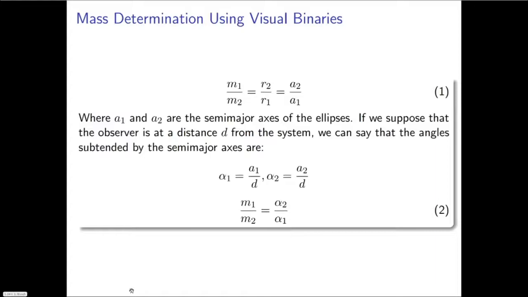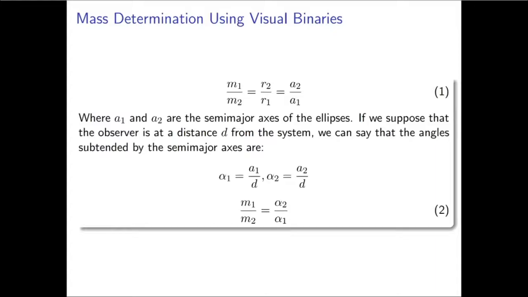When the system is revolving around a center of mass, obviously it will be at a certain distance. If it is a circular motion, then that will be the radius. So suppose there are two stars, of mass m1 separated from the center of mass by distance r1, and another star of mass m2 separated by distance r2.